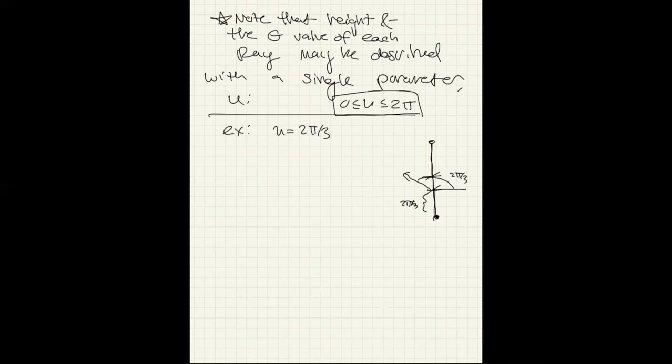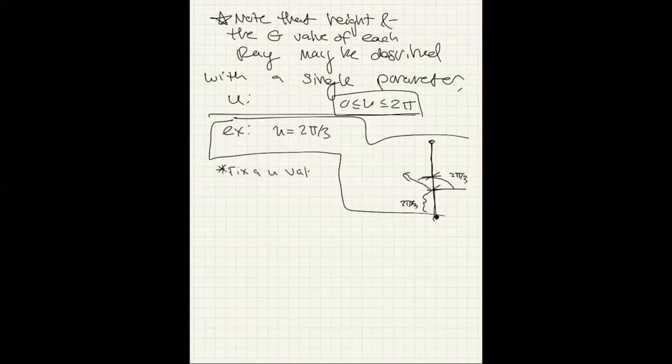Now that we've fixed in our minds a u value, how do we describe the ray using a single parameter v?